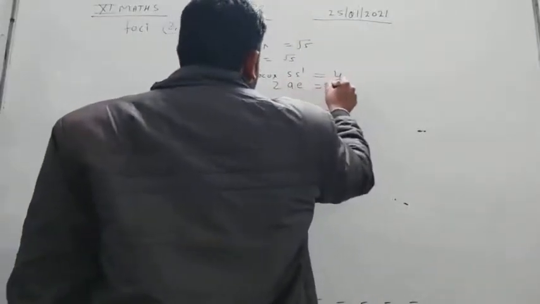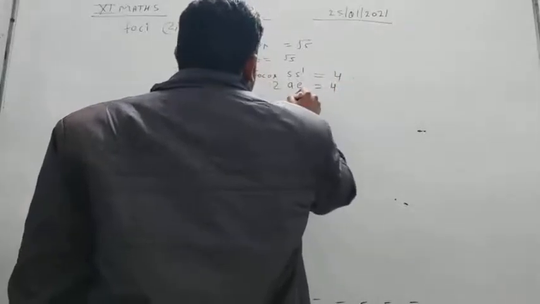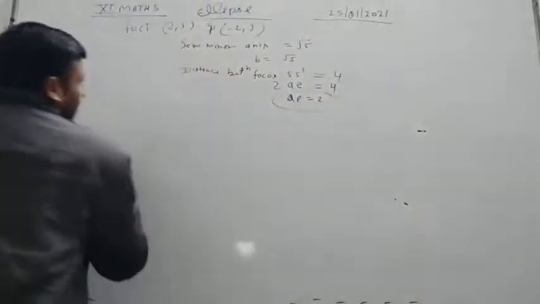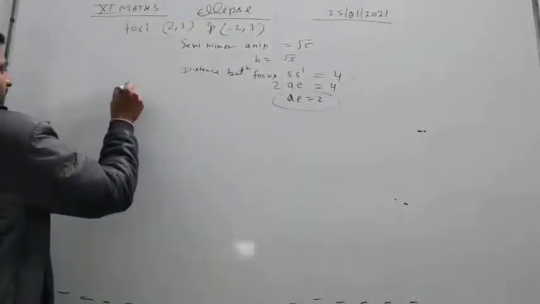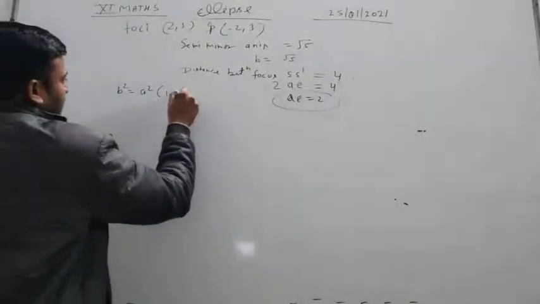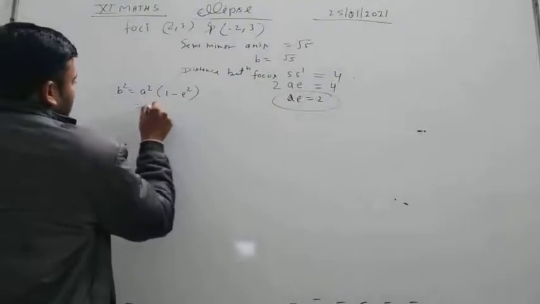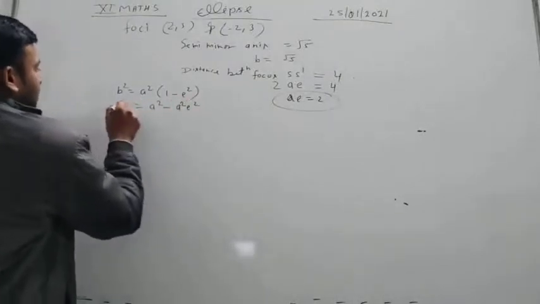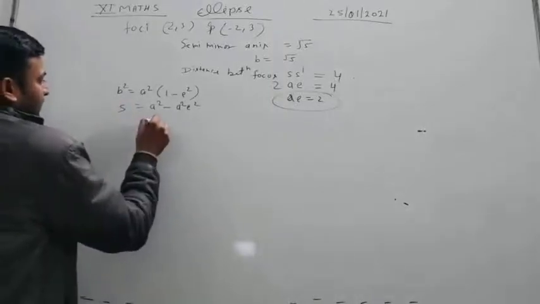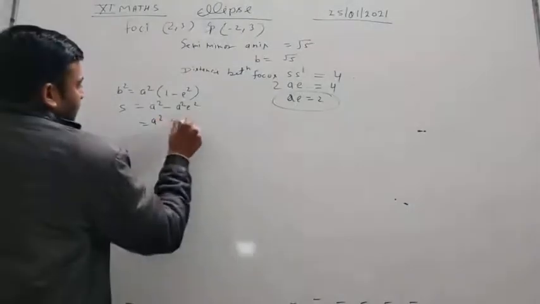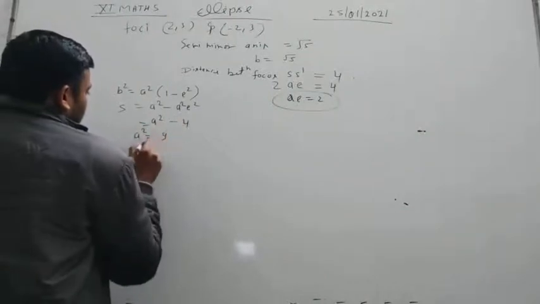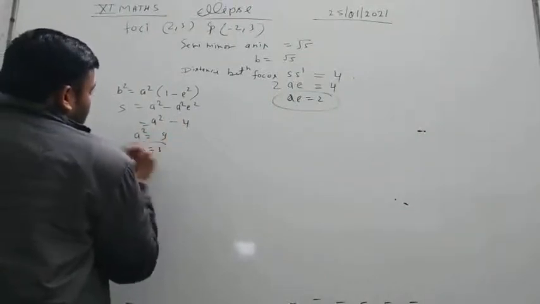So 2AE is equal to 4, so AE is equal to 2. And you know B square is equal to A square times 1 minus E square. So we write A square minus A square E square, so 5 is A square minus 4. So A square is equal to 9, and A is equal to 3.